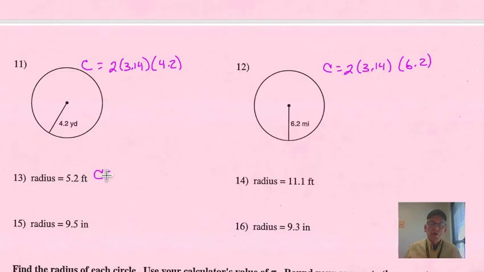Here we have c equals 2 times 3.14 times 5.2. Here we have c equals 2 times 3.14 times 11.1.